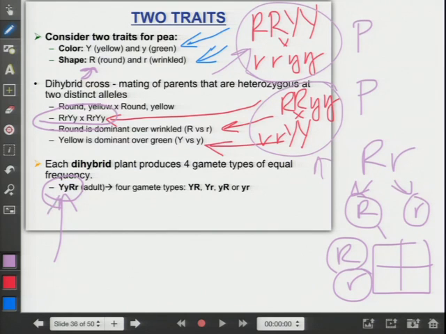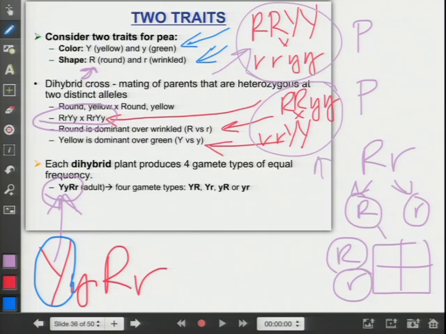When we have these two, we have to consider both of those genes and all the different combinations of gametes. And so this is saying, here, this big Y and this big R could get together into a gamete. If we're thinking about meiosis, they're on two different chromosomes.